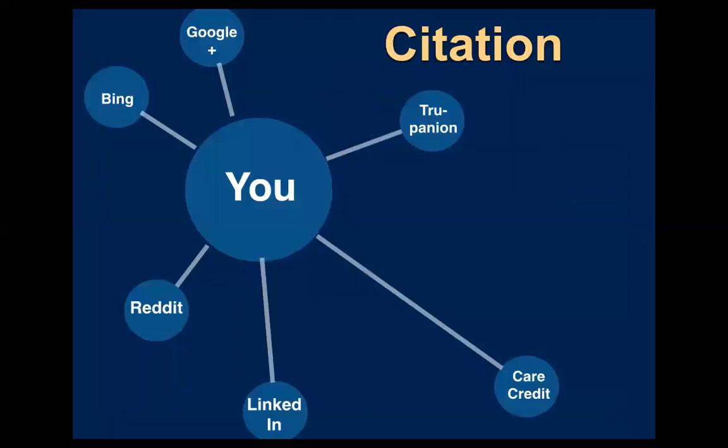And then citation is probably the most critical defining element of online presence. There are two elements of citation that we're going to talk about. As I mentioned in the previous slide, the search engines are trying to match the needs of the people making a query online with whatever information is out there.